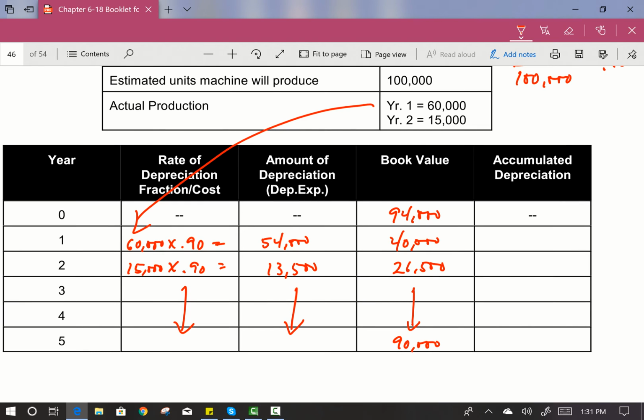The first year we have 54,000 of accumulated depreciation. 54,000 plus 13,500 equals 67,500. It would keep going until we got to $90,000.